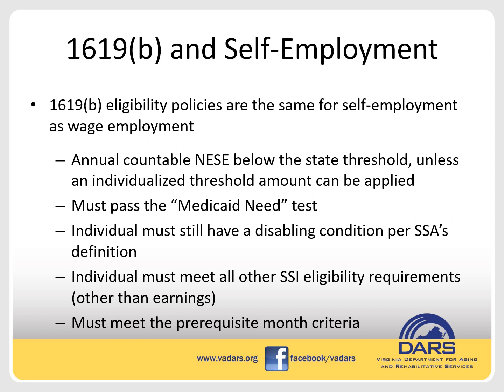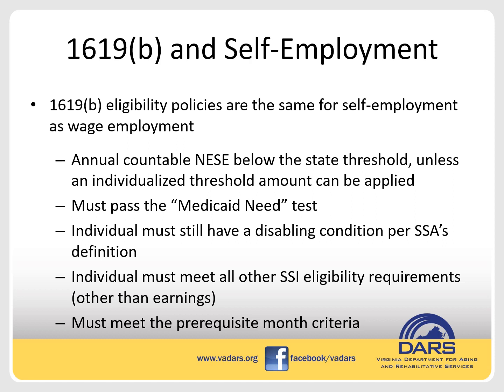The same is true for a self-employed individual. Okay. Self-employed individuals can receive an individualized threshold if they have those kind of out-of-pocket expenses. But as a general rule, as long as the annual countable NESC is less than the Virginia state threshold, they're financially eligible for 1619B. Okay.